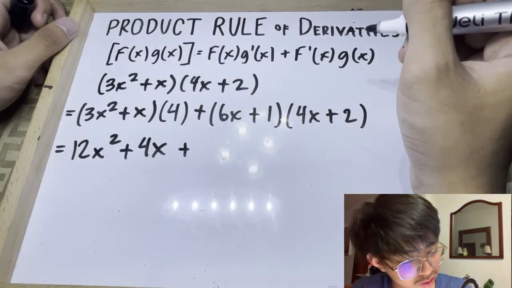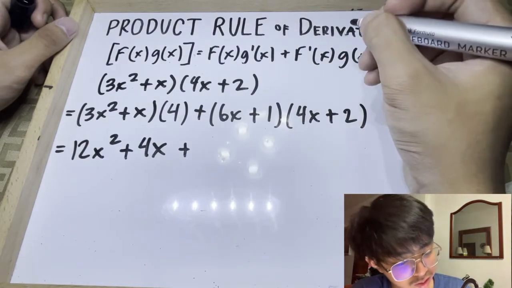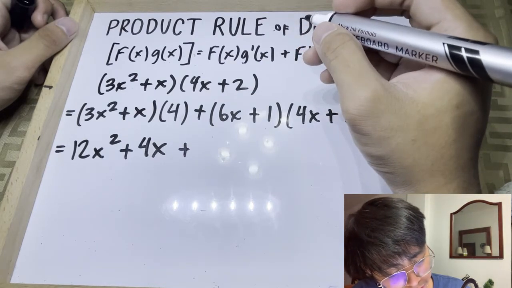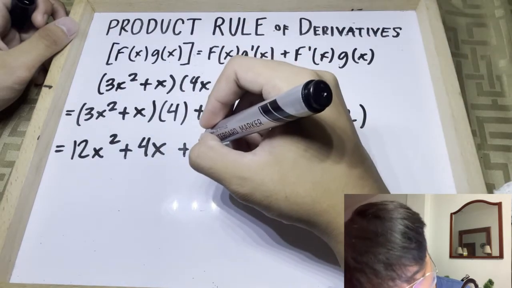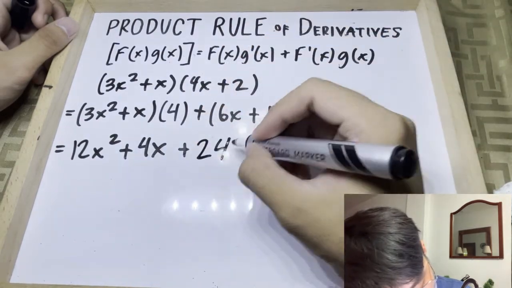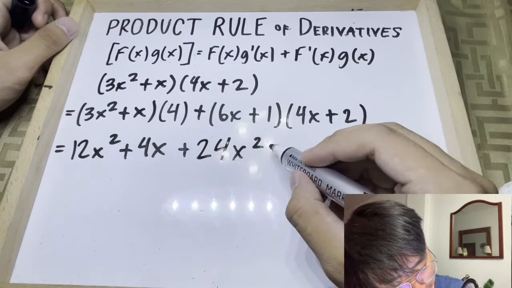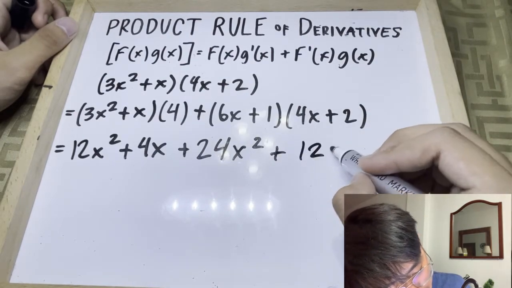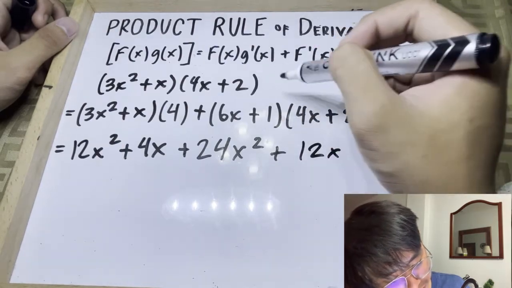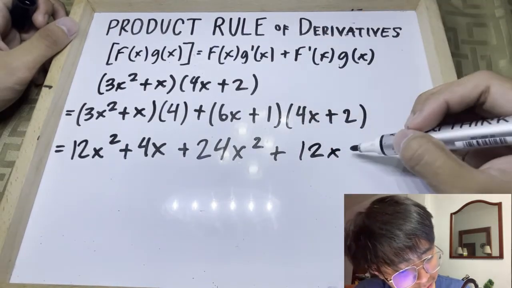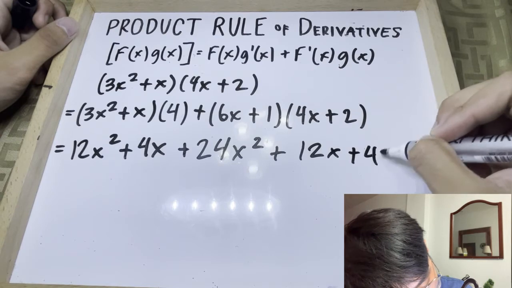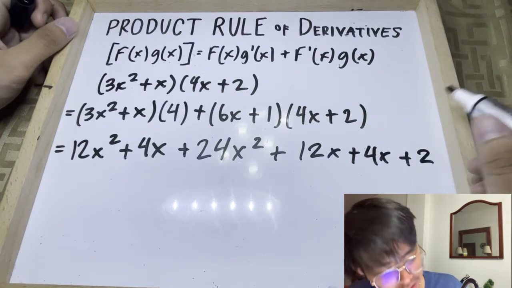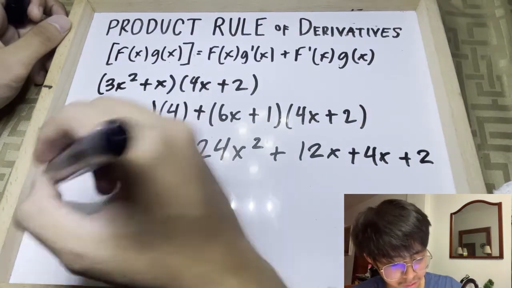So 6x squared times 4x is equal to 24x squared, plus 6x times 2 is equal to 12x. Then since it is multiplied by 1, we can just copy. There we go. So we combine like terms.